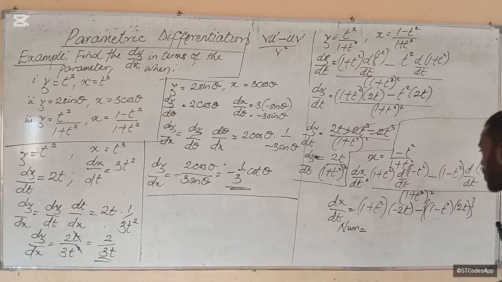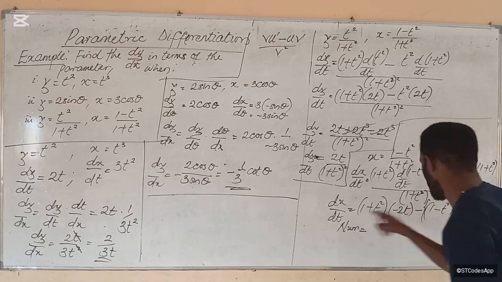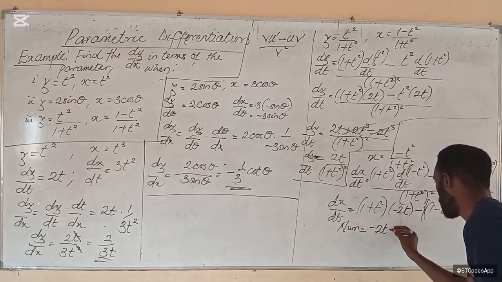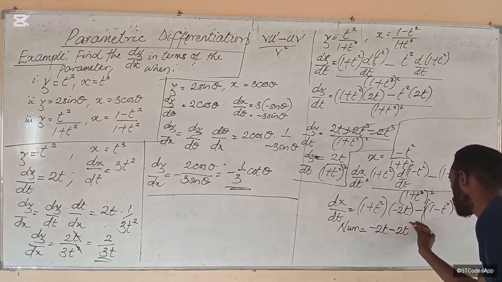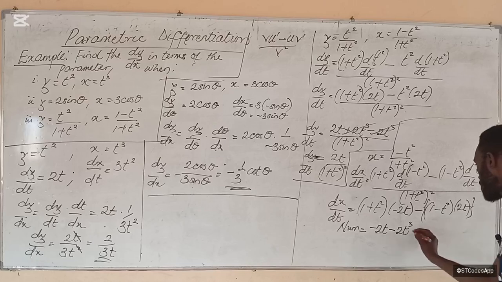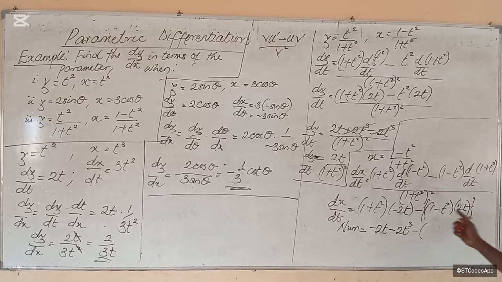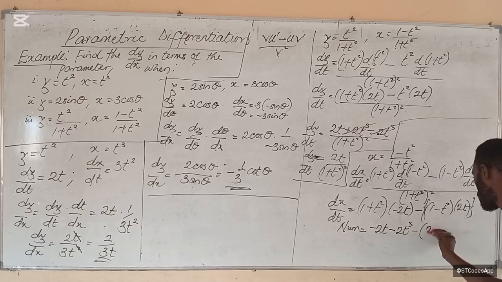So the numerator alone will now be 1 plus t squared, by the time you multiply this it gives us minus 2t, then minus 2t cubed, then minus, open bracket, 1 minus t squared times 2t, so we have minus 2t plus 2t cubed.